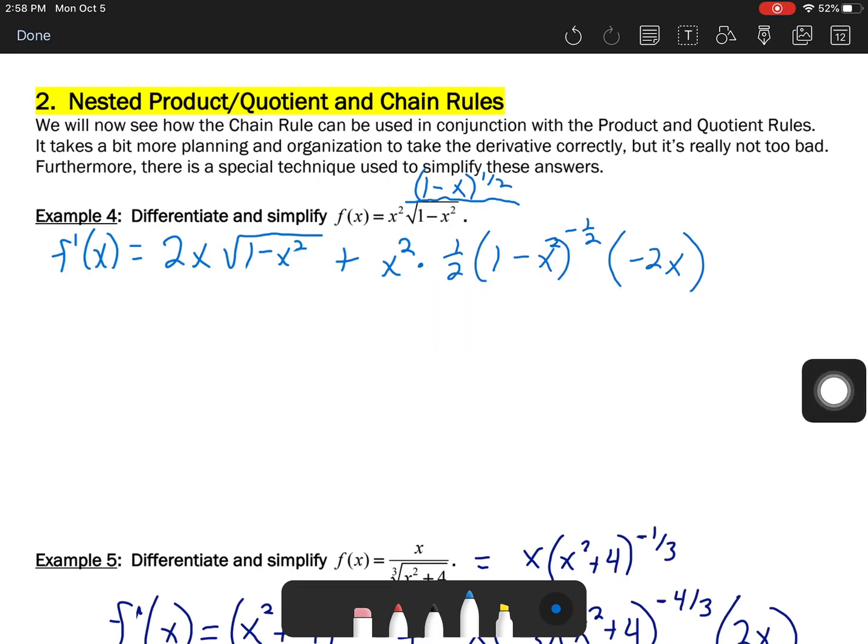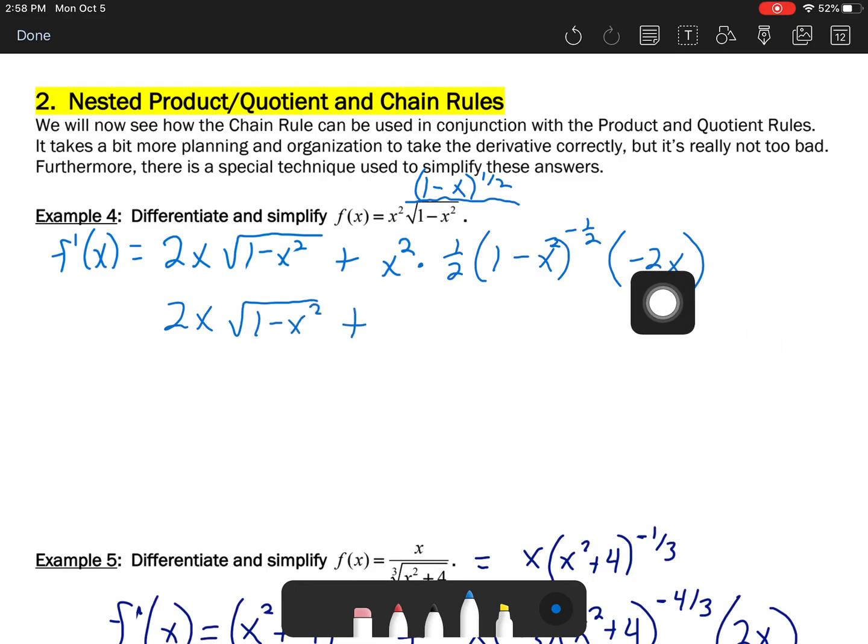Okay, now I want to clean this up a bit. So this part really can't do anything with that. But I've got negative 2x times x squared times 1/2. So that's going to be negative x cubed, right? The 1/2 and the 2 cancel. And then I end up with x cubed, and it'd be negative x cubed. And then this piece, since it's a negative exponent, let's put it on the bottom.